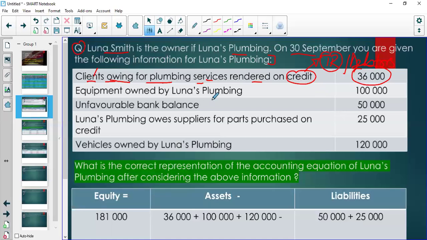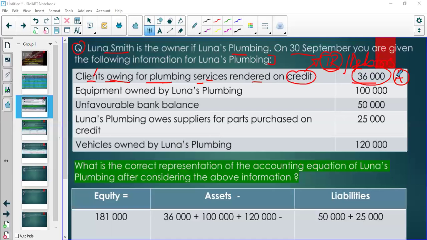So this is trade receivables, and you categorize this as an asset. So we have an asset of 36,000, right? So we're going to identify the various categories which these transactions belong to.